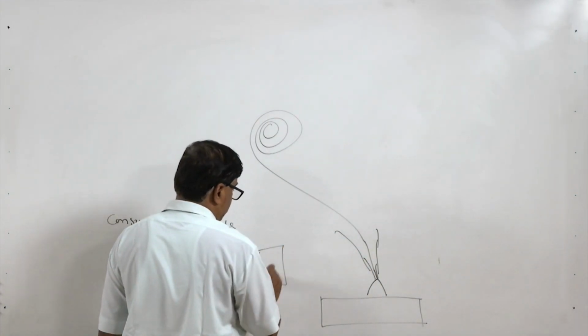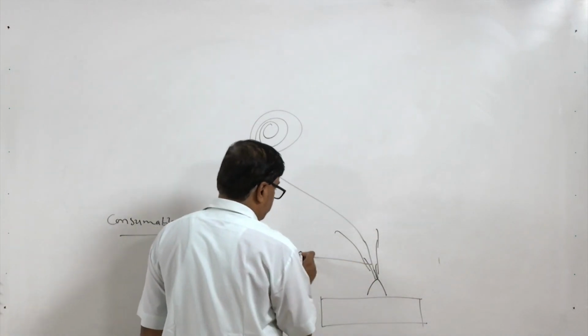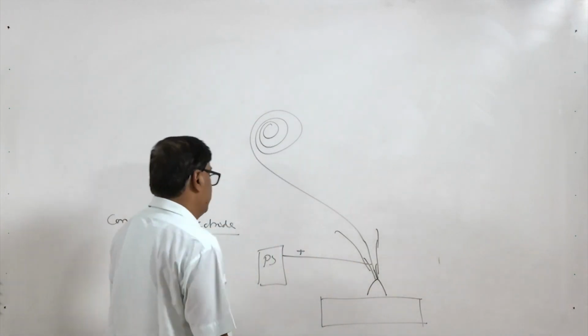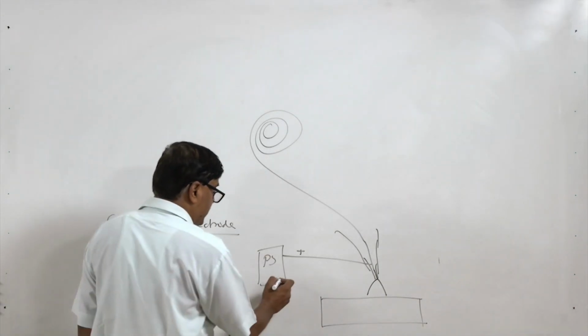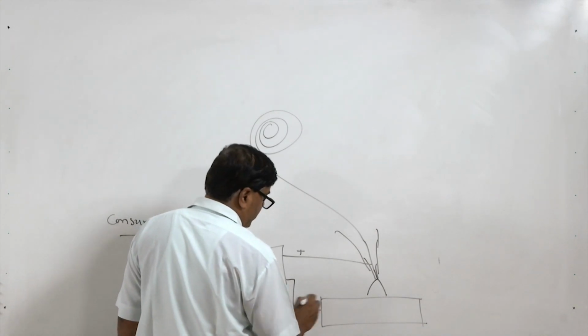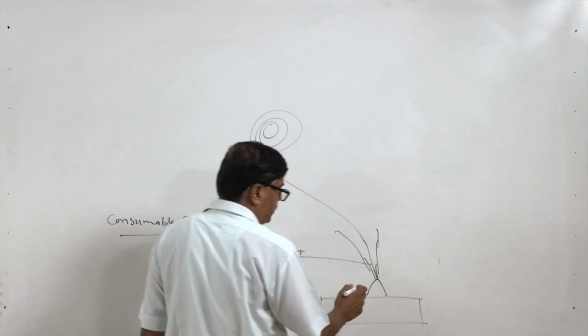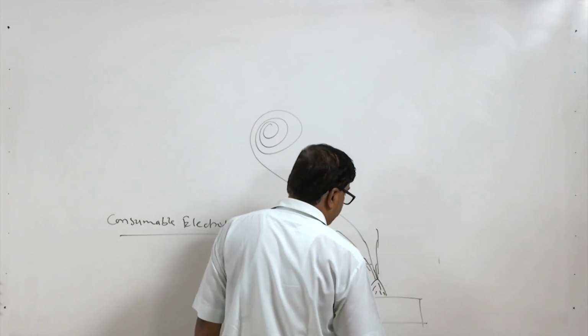Mostly in this case the positive terminal of the power source is connected to the electrode, and negative is connected to the workpiece, and the arc is established between the electrode and the workpiece.